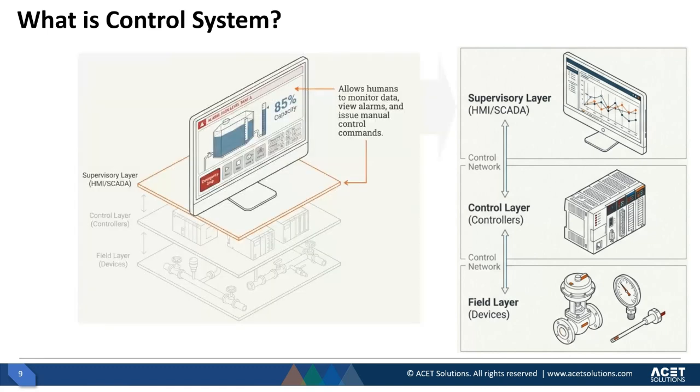Then we have the HMI, which is SCADA or DCS related HMIs, which monitor and give the supervision layer of the overall control network. So operators can operate the system, monitor the system, see alarms, and send control commands to the field devices via the controllers.